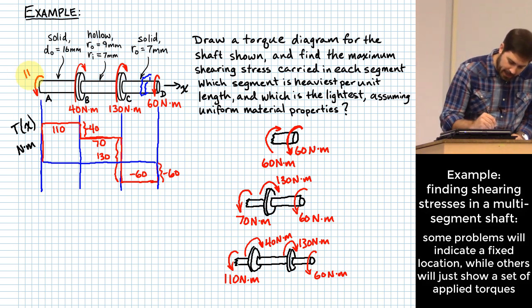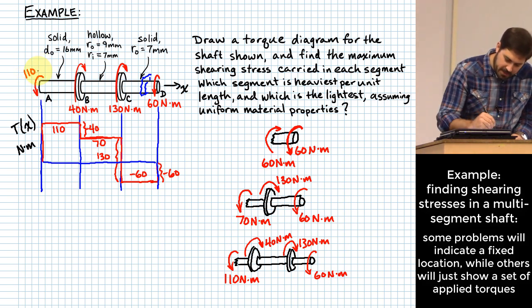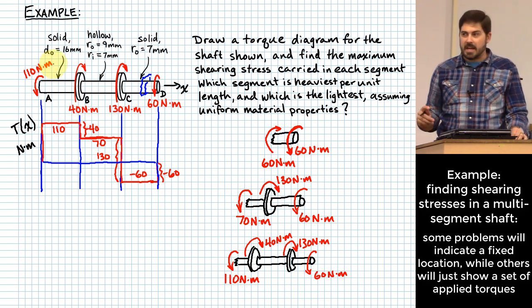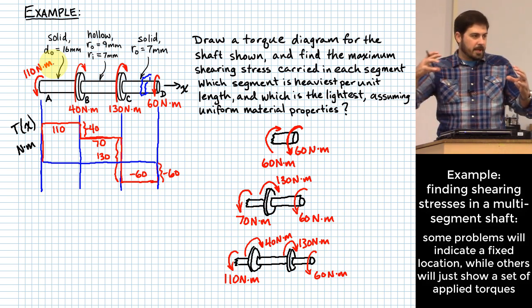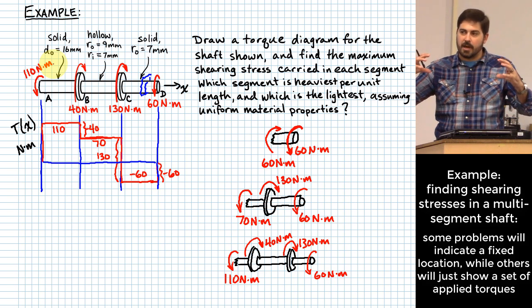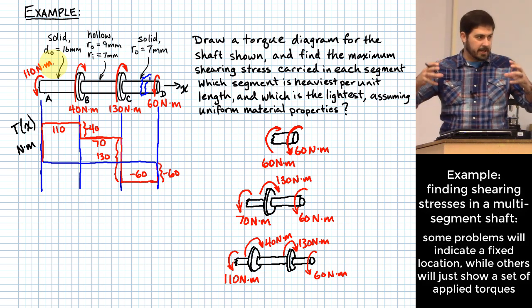Anyone who writes these problems can't just randomly pick all of the values, or else you might have a dynamics problem instead of a statics problem, right? If you end up not balancing all of the torques that are applied along the length of a shaft, it means that the shaft is going to want to accelerate angularly, right?